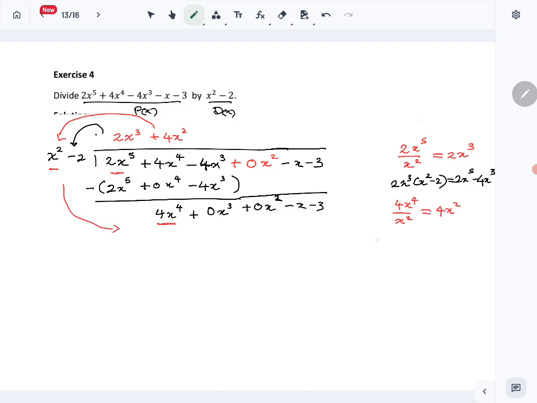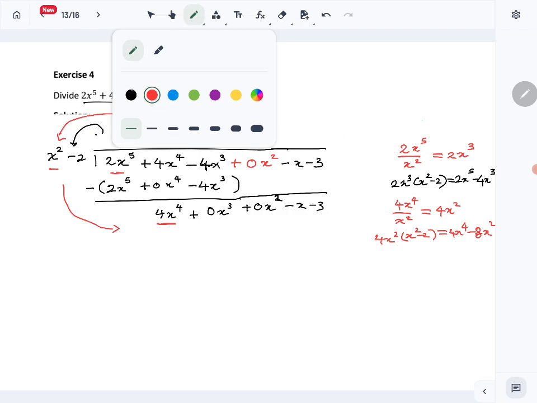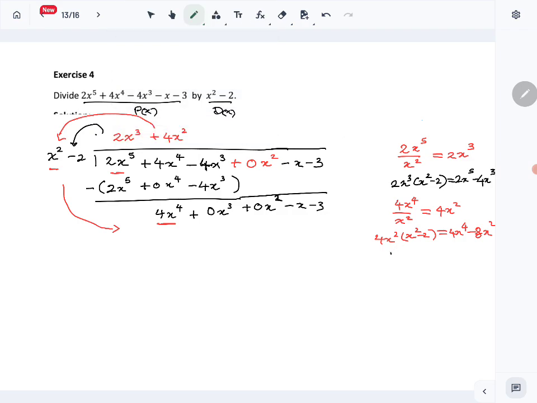So what do you get? 4x squared times x squared minus 2 is what? 4x to the 4 minus 8x squared, right? So we can put 4x to the 4 here, no x cube term, so 0x cube minus 8x squared, right?